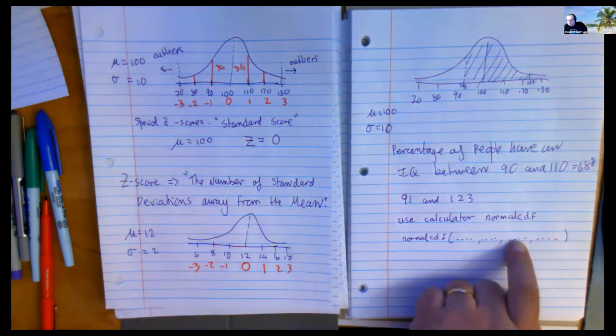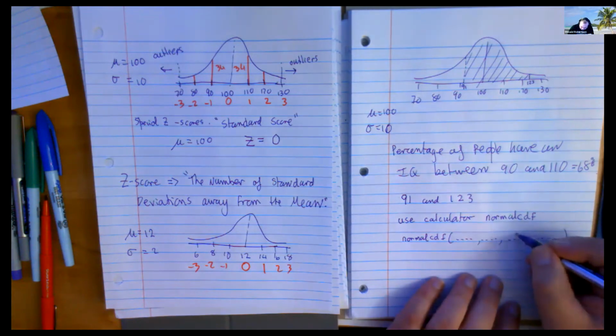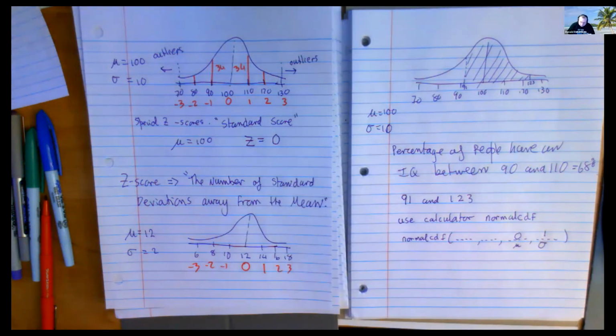The last 2 numbers are always going to be the same, at least in this section. The last 2 numbers are going to be 0, because that's what mu is, and 1, because that's what sigma is, right? Oh, darn it, rewind.